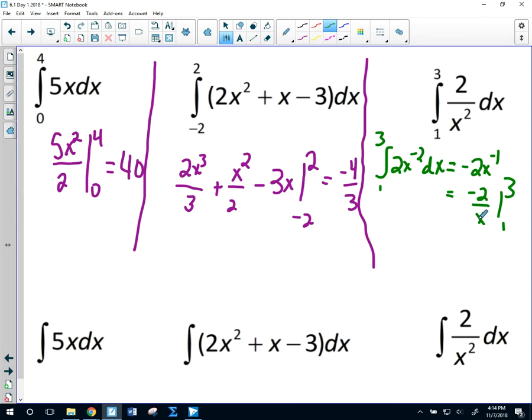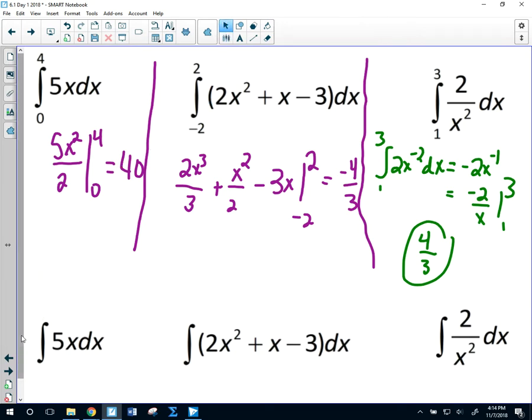When I substitute 3 in and then substitute 1 in and subtract, I get a final answer of positive 4/3. Okay, so those are all ones that we should have been able to do last chapter.